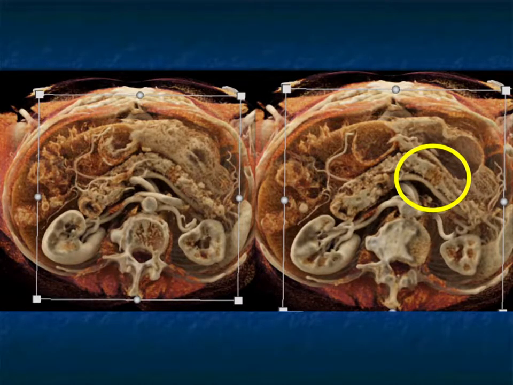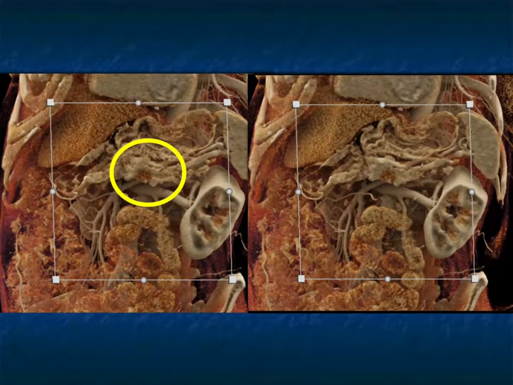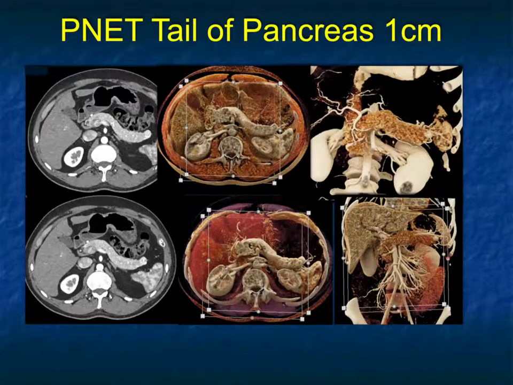Look how it accentuates the texture changes really nicely as I range through a variety of presets and parameters. And here it is in a volume rendered coronal view from the front. Just a really nice example of a small pancreatic tumor and vascular staging, as we do as well. And this patient would be a good candidate for surgery.